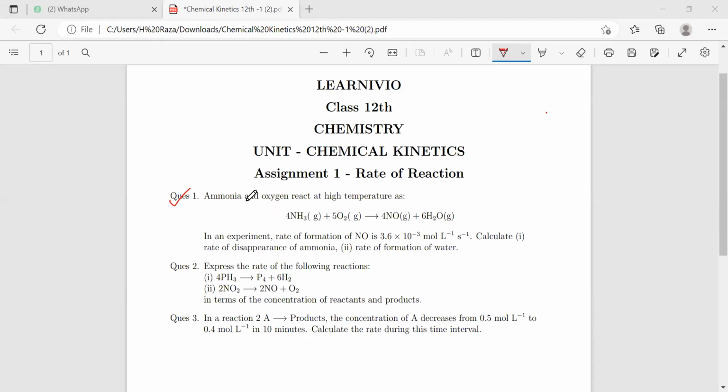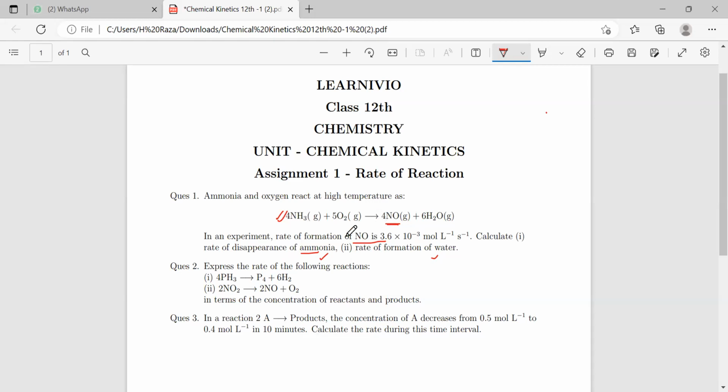See, this is how you are going to make a difference. You need to practice a lot. This is the reaction that is given, and in an experiment, the rate of formation of NO is given, and we need to calculate the rate of disappearance of ammonia and the rate of formation of water. You have written the rate of reaction, that is correct.